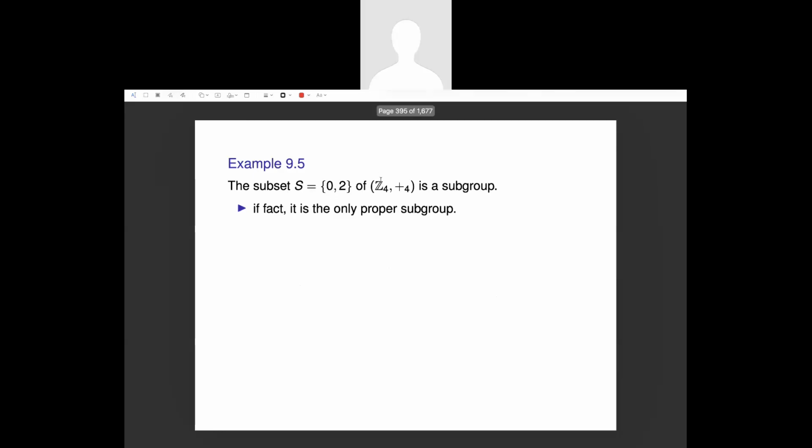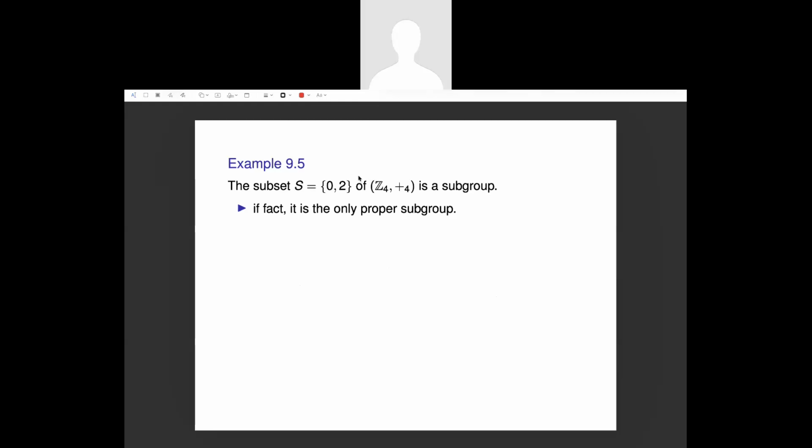The elements of Z4 are 0, 1, 2, 3, and {0, 2} is clearly a subset of Z4. If we form the Cayley table, we get 0 and 2. The inverse of 2 is equal to 2 and 0 is its own inverse. So this satisfies all the properties, and this is clearly a proper subset of Z4. It is a proper subgroup. This is the only proper subgroup of Z4.